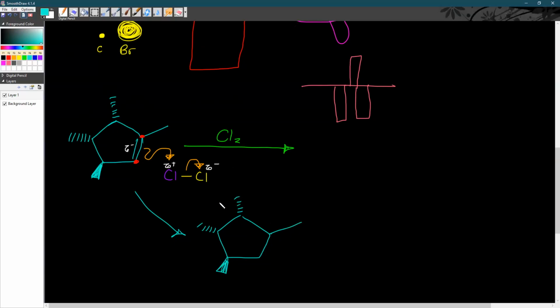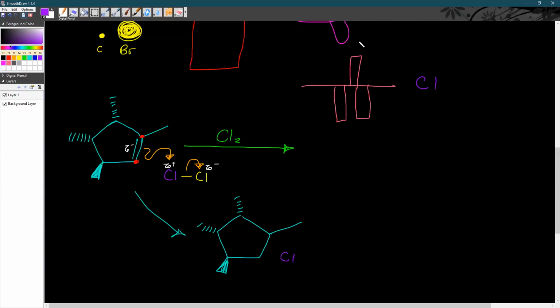So our double bond has degraded into a single bond, and we're going to be adding these two bonds to a chlorine. And the question becomes, all right, what side is the chlorine going to form on? So we can go back to our diagram, and we're asking ourselves, which side is the easier approach for our chlorine?